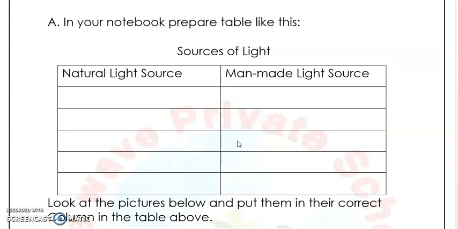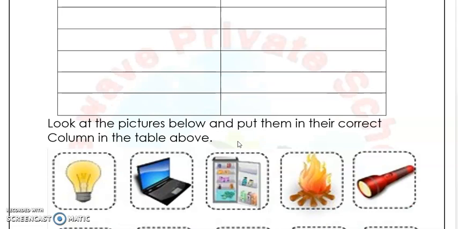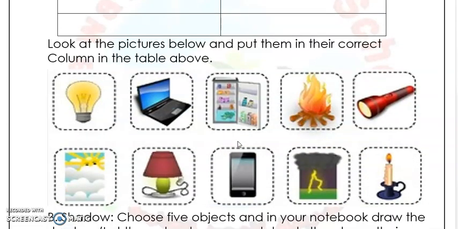After that, look at the pictures here and identify what kind of light source each of these belongs to, if it is a natural light source or a man-made light source. I will repeat again, you can pause this video and go over answering your revision.